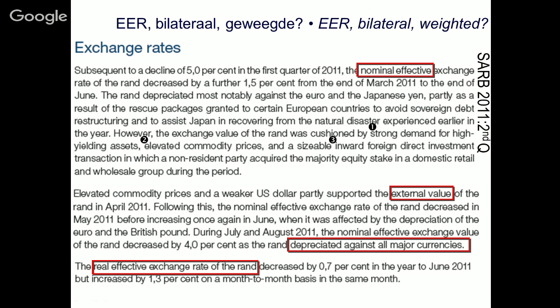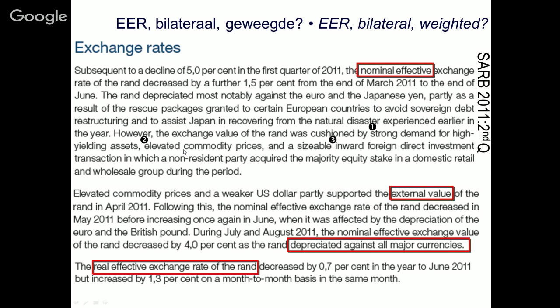It didn't depreciate so much, so this is a positive factor for the exchange rate of the rand. Strong demand for high-yielding assets. So that means after the financial crisis of 2008 to 2009, investors were coming back at this point. They had a stronger demand for financial assets in countries with a high return, which South Africa has. So that was one thing.